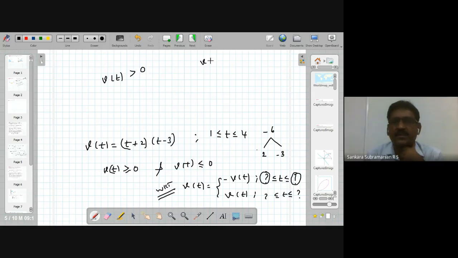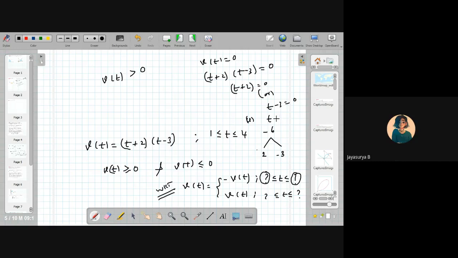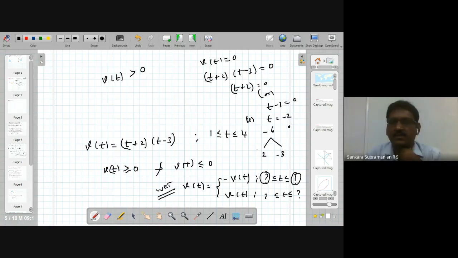When V of t equals 0? t plus 2 times t minus 3 equals 0. Either t plus 2 must be 0, or t minus 3 must be 0. That is, t must be equal to minus 2, or t must be equal to 3.